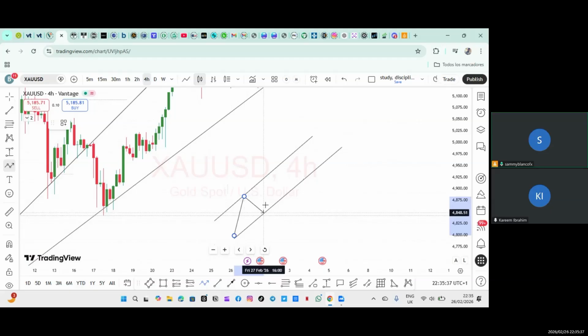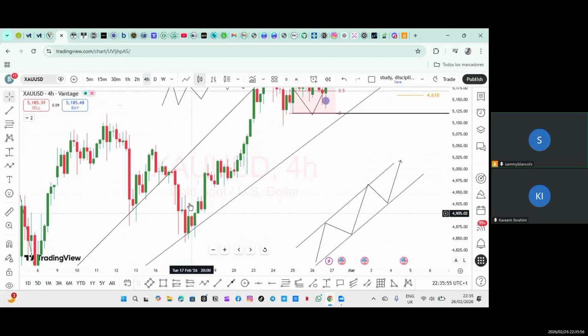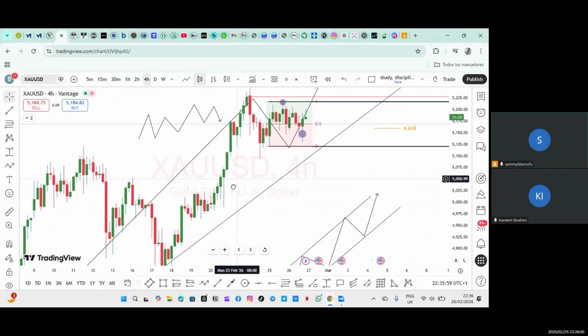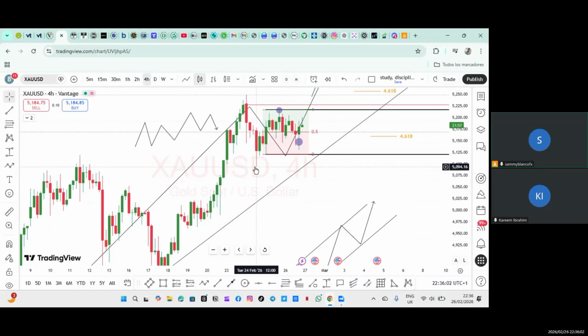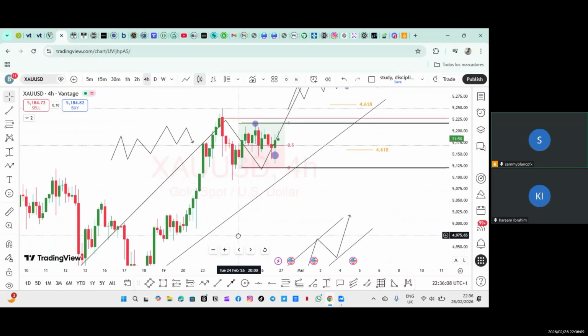This is what we call a channel. So wave 3 can do this. You can see what happened here, the same thing. That is what usually happens on wave 3. It's the longest one. We just go straight to the upside with not too much deep retracement.